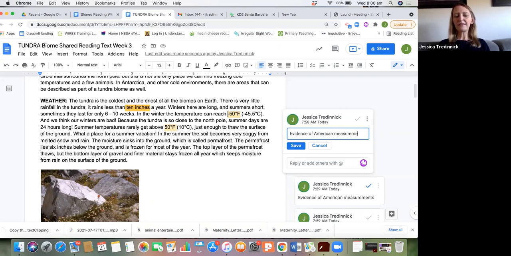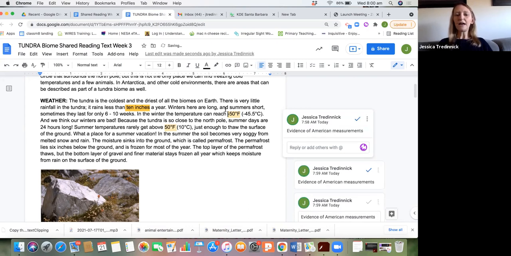So now that I'm thinking, if the author has written this in American numbers and measurements first, and then put in the other system, the Australian system that we use, I can infer that this text is American.